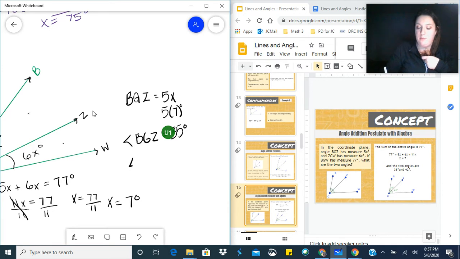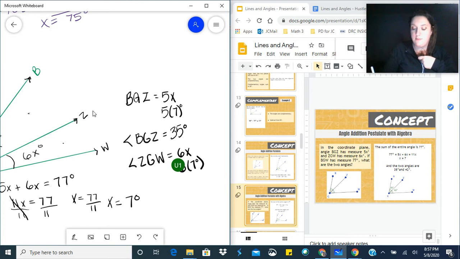Then we have angle ZGW, which equals 6x. 6 times 7 degrees equals what? Well, little reminder here. 6 times 6 is 36. 36 plus 6, which would get you 6 times 7, would be what? So we have 42 degrees.